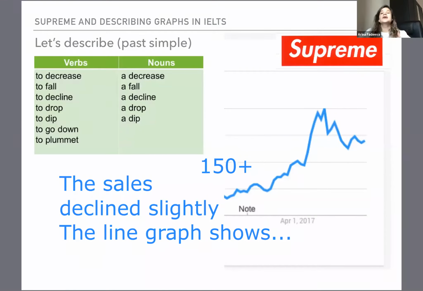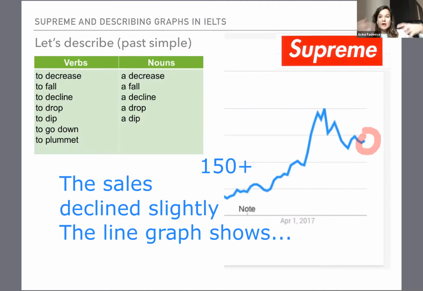For a higher score, you need compound sentences. After a significant increase, the popularity of Supreme went down slightly, and showed, I don't know how much is it here, but it's probably 80% by the end of the period, by the end of the 13-year period, something like that.